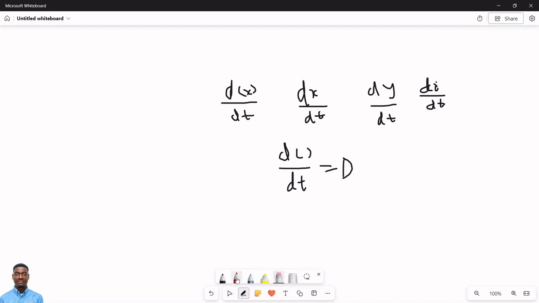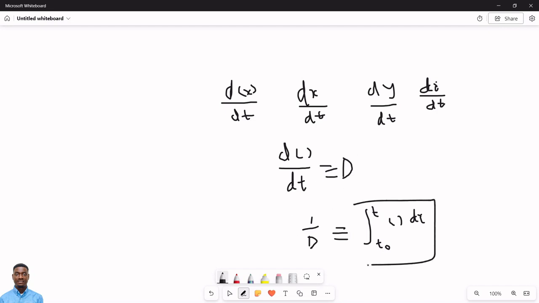From t naught to t, which means you are integrating from whatever start point of t to the maximum value of time, because we are dealing with continuous systems, whatever variable we are working with respect to time, we can replace all of this with the notation of 1 over D. So for integration, your 1 over D is equivalent to this expression on the right side.